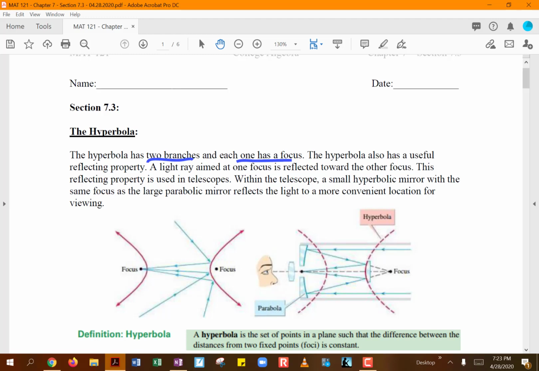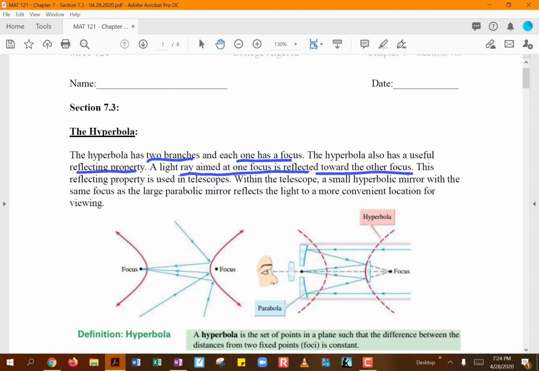Now, even the hyperbola has a very interesting reflecting property. The idea is, if you take a ray of light, or sound for that matter, and aim it at one of the focus points, it will be reflected off that hyperbolic surface and directed towards the other focus.